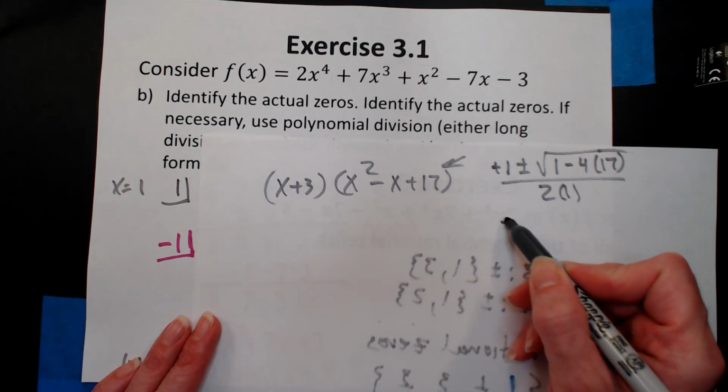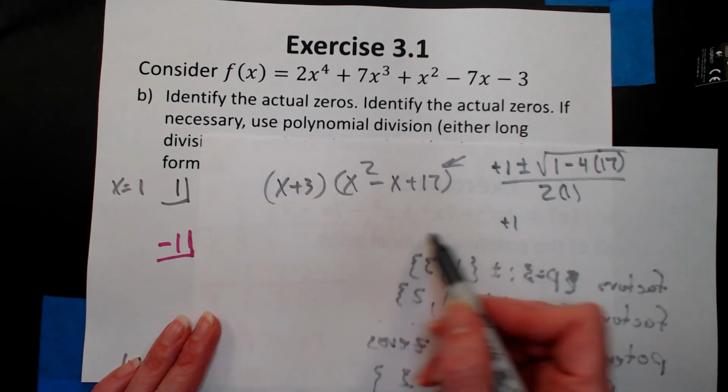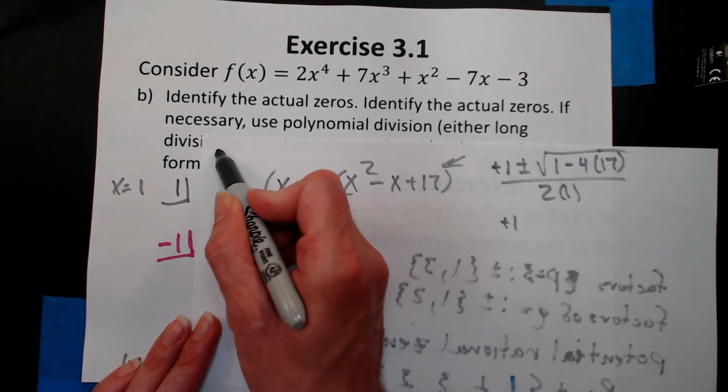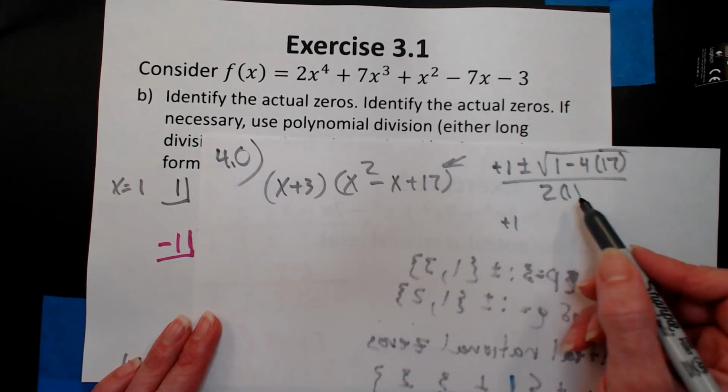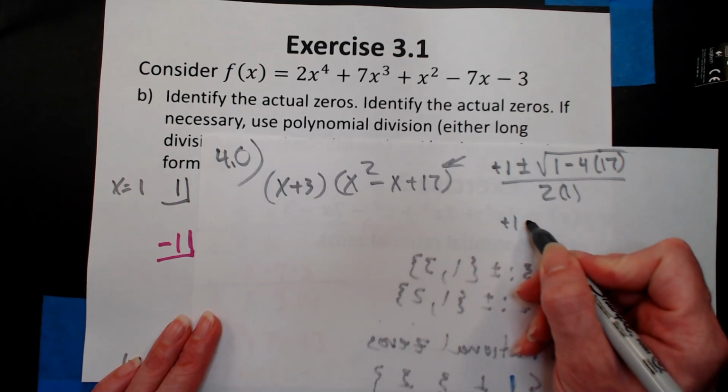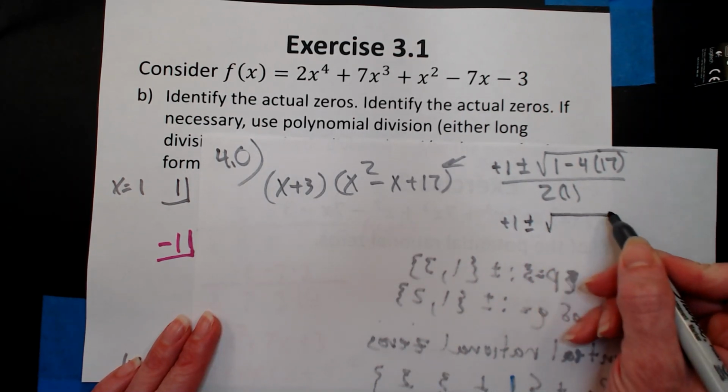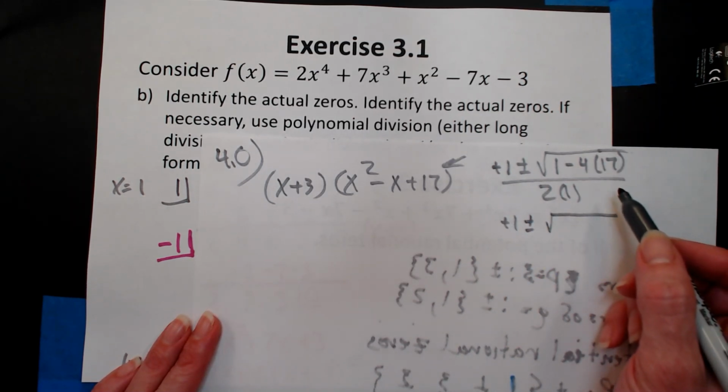This is just another example. This is not a continuation. This is like example 4.0 or something. And so you get plus or minus the square root of 4 times 17. 4 times 16 is 64 plus 4, which would be 68.